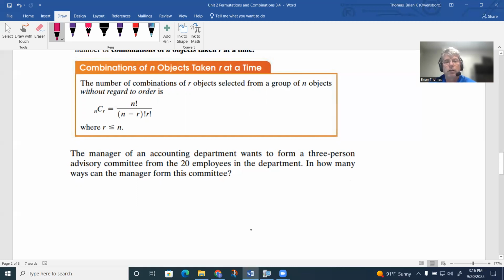So notice how, again, he's just forming a committee. It doesn't matter who he picks first, second, or third. It's still going to be the same people in the committee. So this is one where order does not matter. Notice that you have these 3 positions. So let's see what we can piece together.